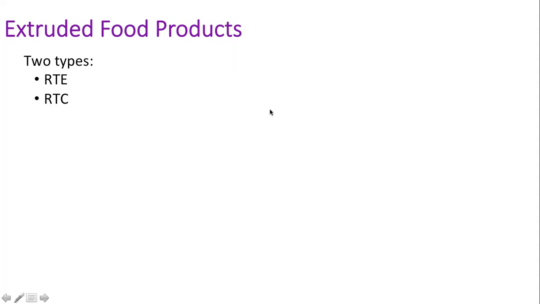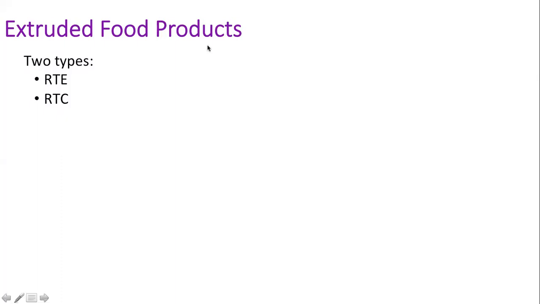Then Dilisha: for ready to eat ones are snacks and chip-like products, and ready to cook ones are pasta, noodles. Right. Very good. So how about Prabashi? Chip-like food product.